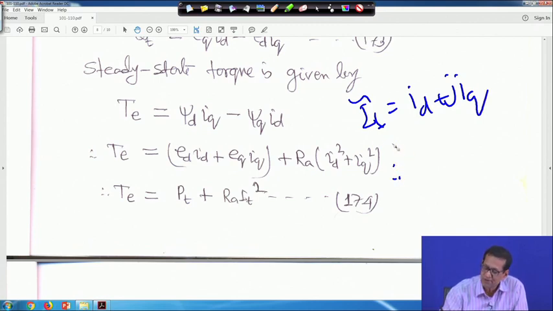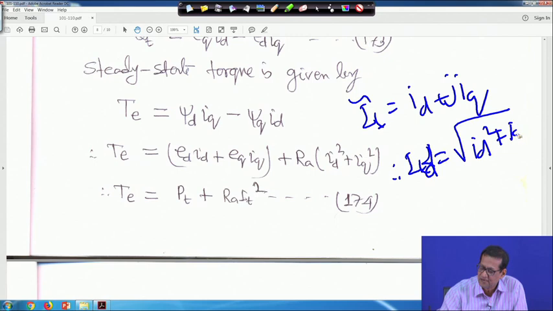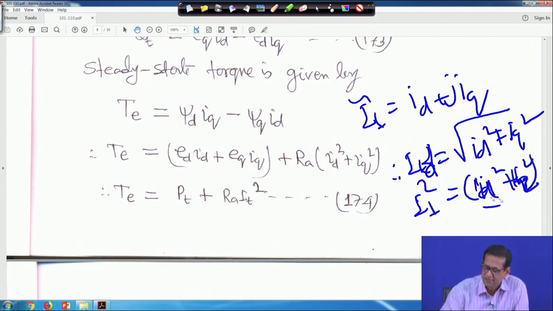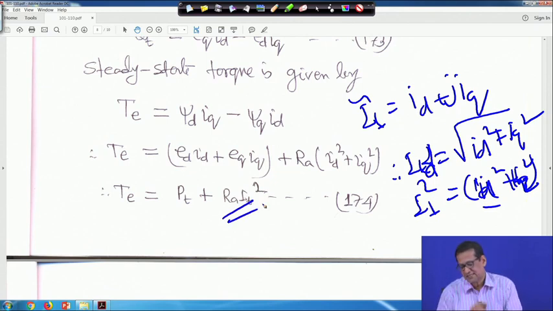Therefore, if I take the magnitude, It square is equal to Id square plus Iq square. That is what is written here, Ra It square. This is your equation 174.